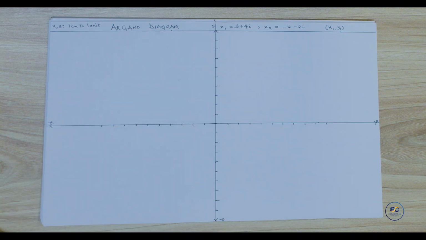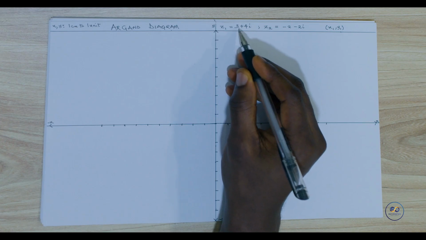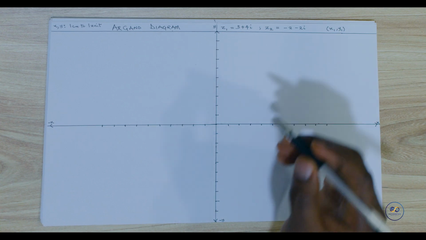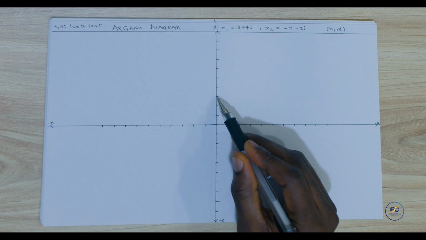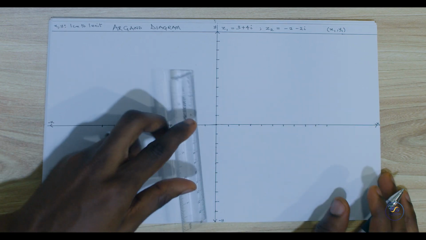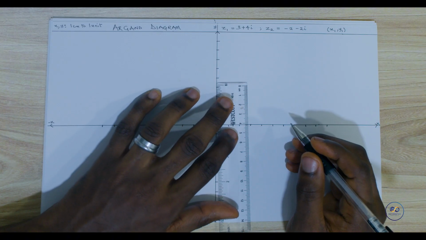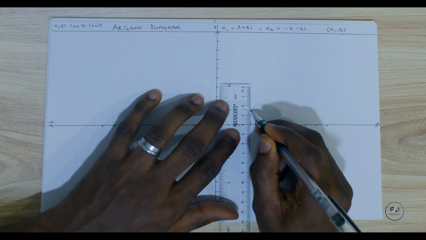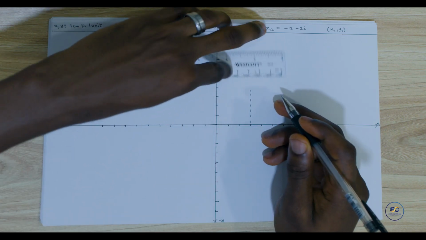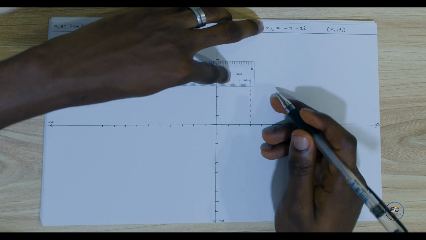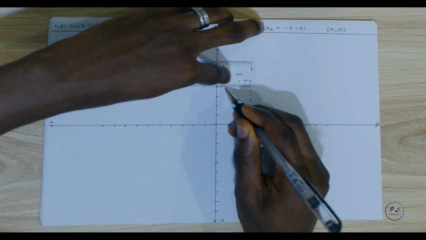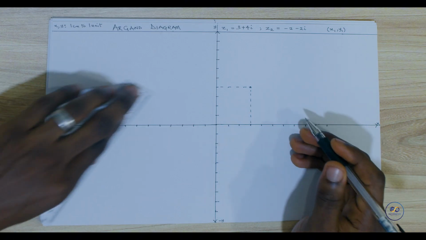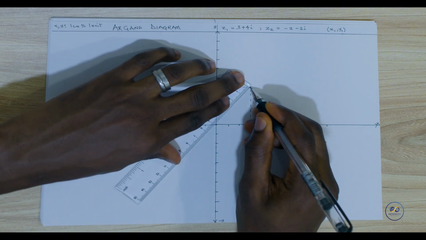So for Z1, on the x-axis, which is the real part, we have the value of 3. That's 1, 2, 3. And then on the imaginary part, we have the value of 4: 1, 2, 3, 4. So we proceed to draw this on our diagram, stretching this upwards a bit and connecting this to it, joining this to the origin.